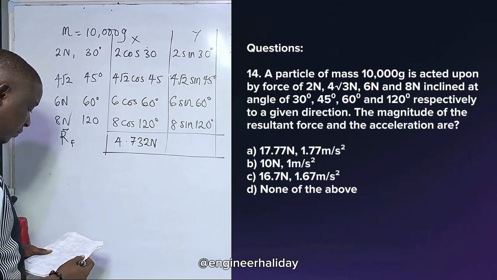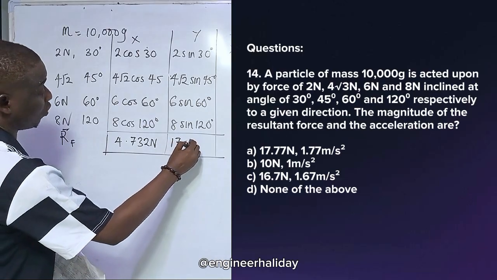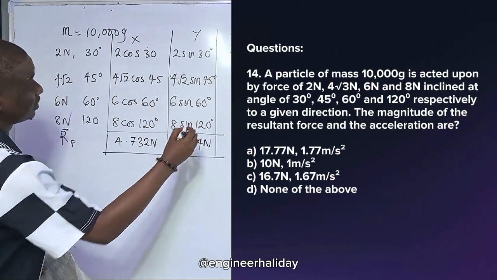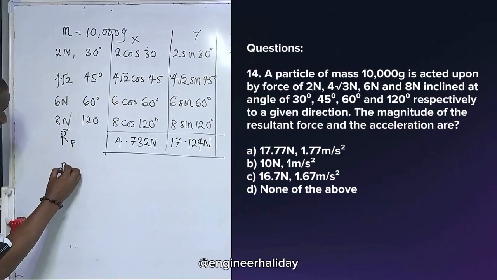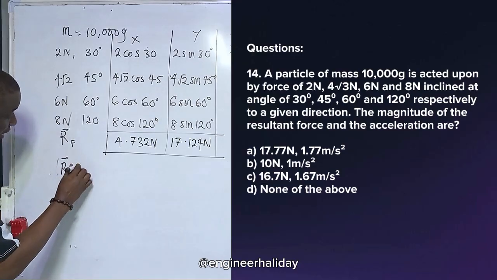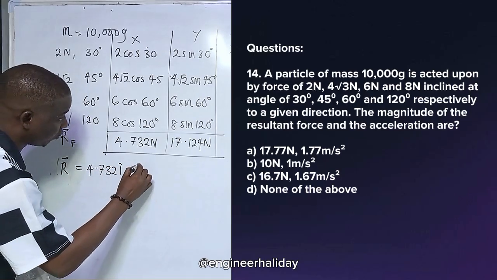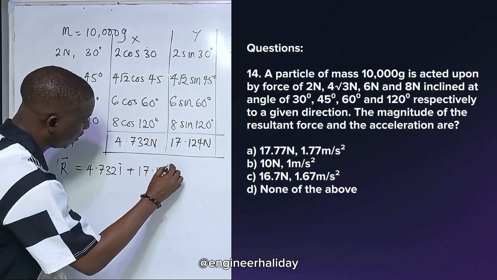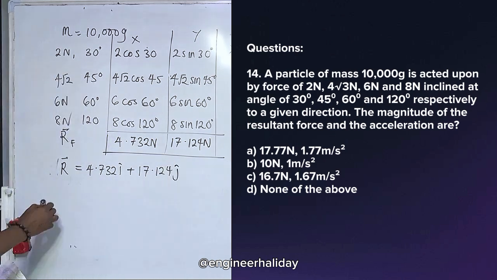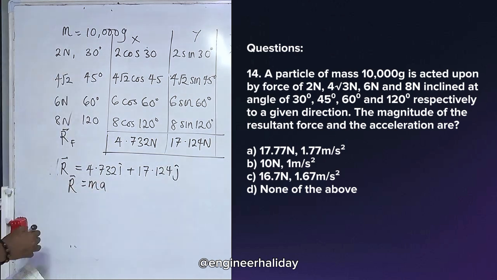The other one will give us 17.124 Newton. So the resultant force is equal to 4.732 i plus 17.124 j. But remember, the resultant is equal to ma according to Newton's second law of motion.